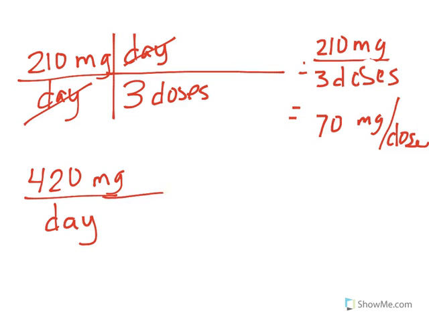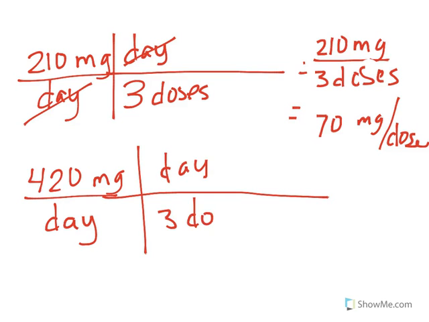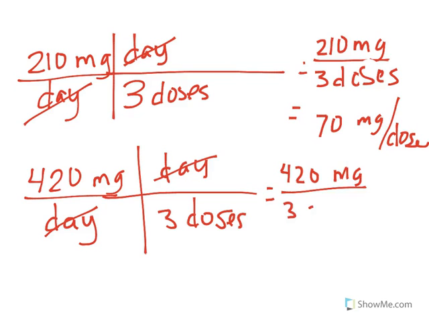I'm going to do the same thing on my upper fraction, 420 milligrams per day. I know each day I'm giving 3 doses. I multiply across the top. I multiply across the bottom.